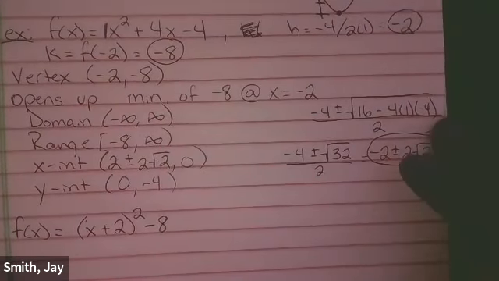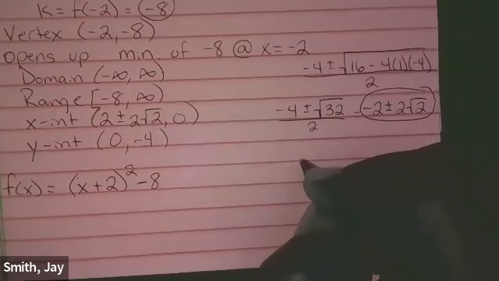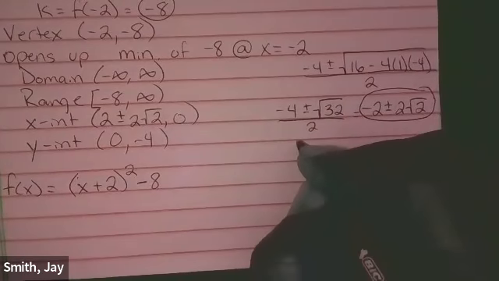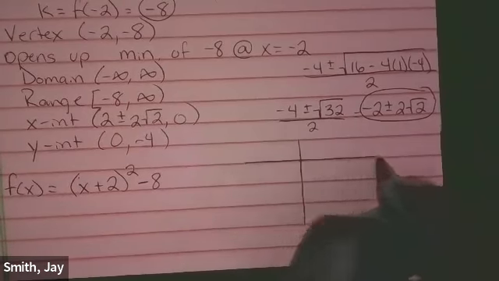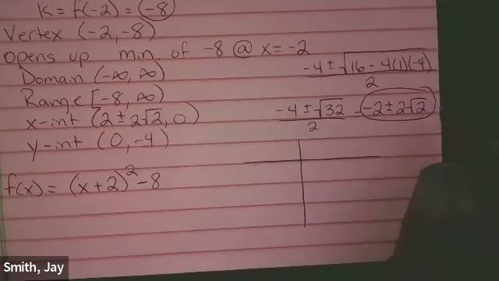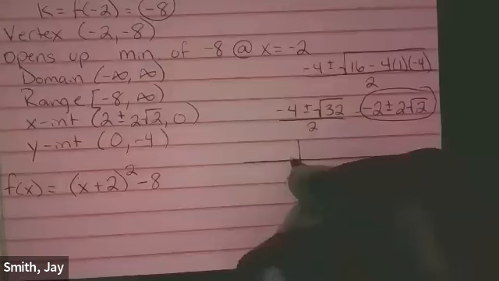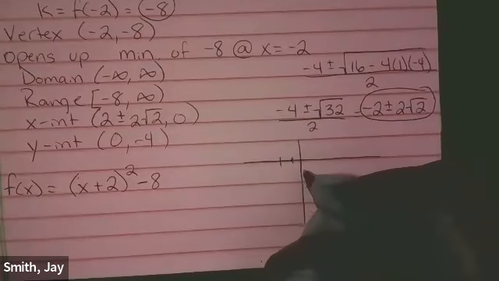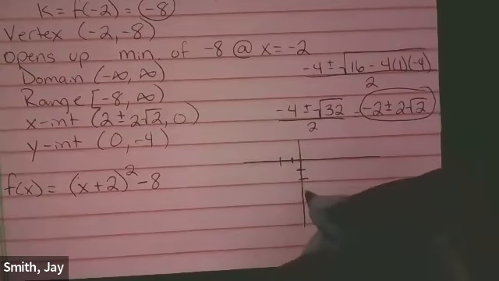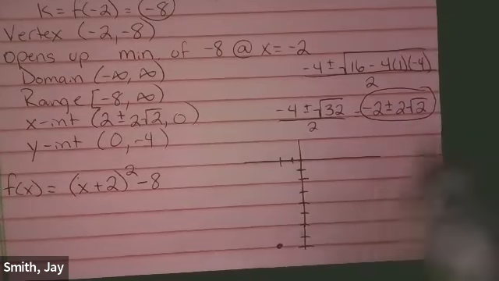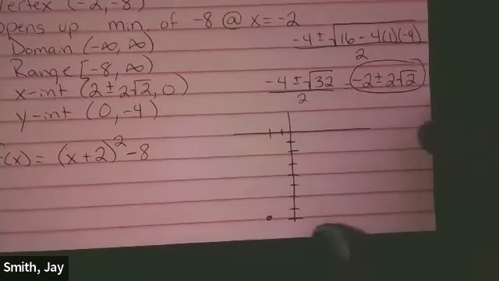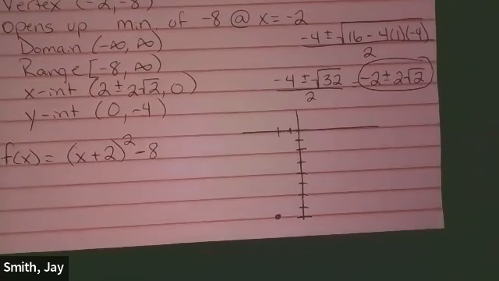And if we were sketching this graph, I'll try to make this fit down here. We have our vertex at negative 2, negative 8. So we go to the left 2, down 8. That's our minimum value.